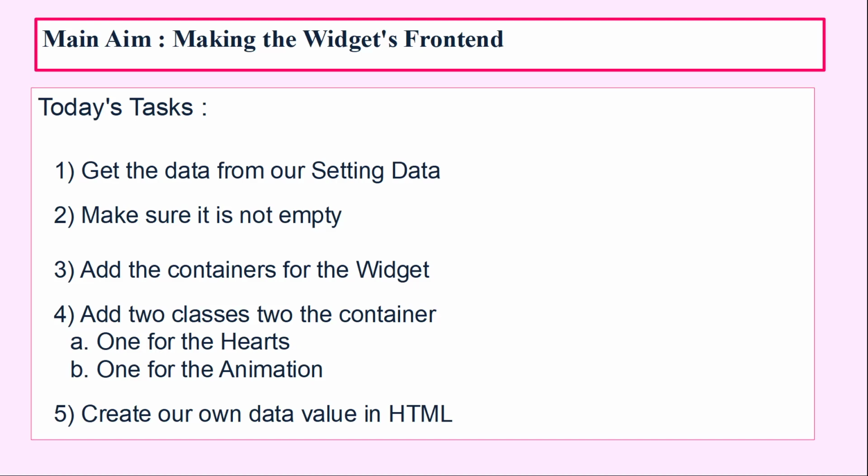One for the hearts, because that means regardless of what animation style you choose, the heart CSS will always be the same. And then one for the animation. Now this animation value has to be dynamic, it has to change based on the setting that you choose. And then we're going to use the data attribute in HTML to assign some values so we can use it in our JavaScript. So that is what we're going to be doing today.